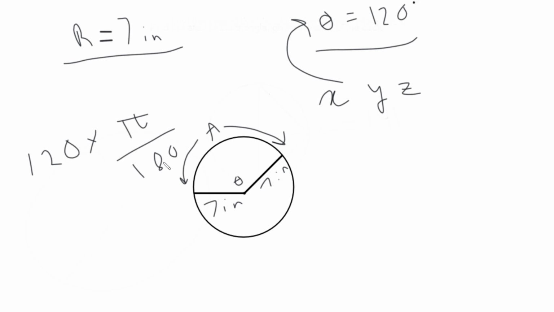So now these zeros cancel out, and we have 12 times pi over 18. I'll rewrite this again and fix this 12.